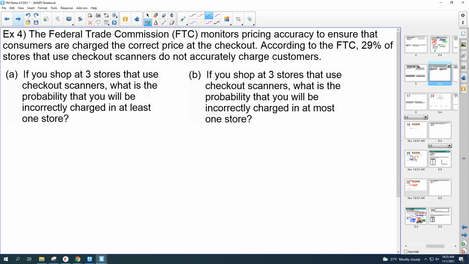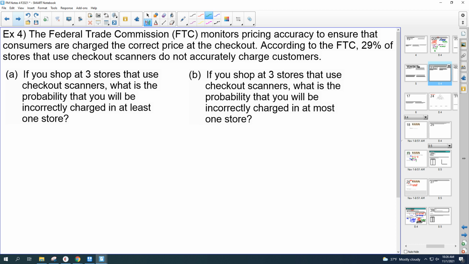Number 4, the FTC monitors pricing accuracy to ensure that consumers are charged the correct price at the checkout. According to the FTC, 29% of stores that use checkout scanners do not accurately charge customers. If you shop at 3 stores that use checkout scanners, what is the probability that you'll be incorrectly charged in at least 1 store?